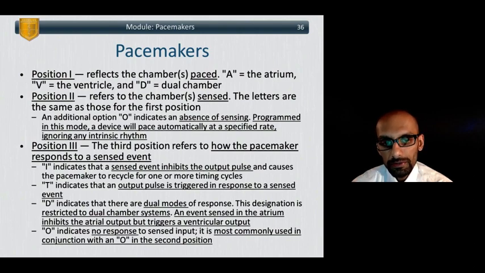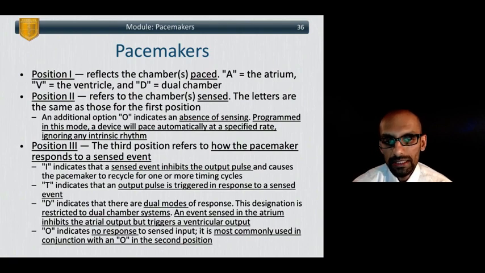Now position 3, there's this I that refers to inhibited, and sometimes it confuses people. The idea behind an I for the position 3 is that it will inhibit the pacer when and only when the native rhythm is viable.